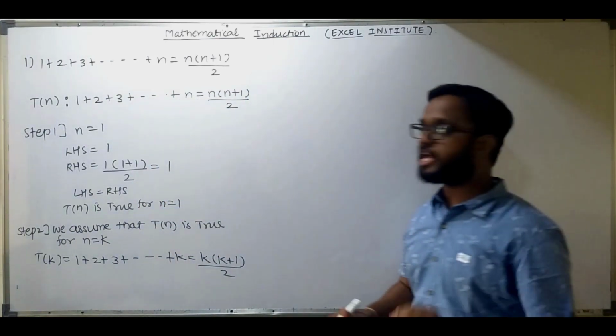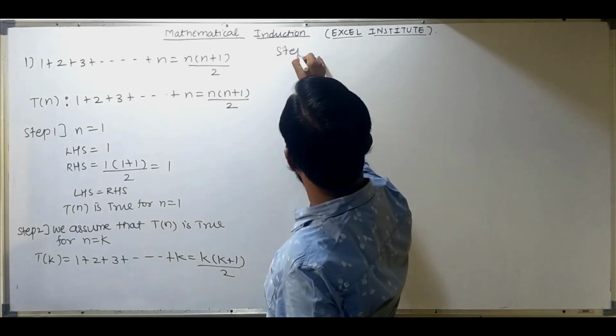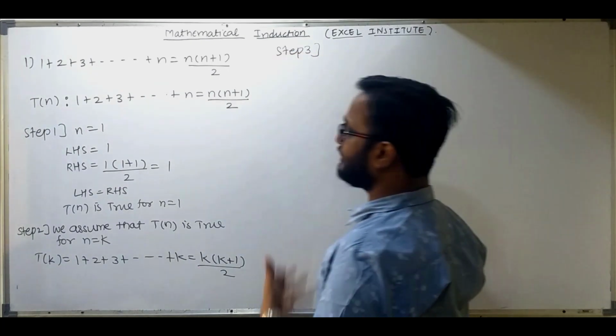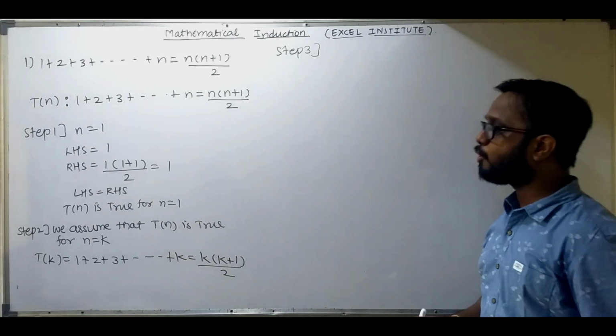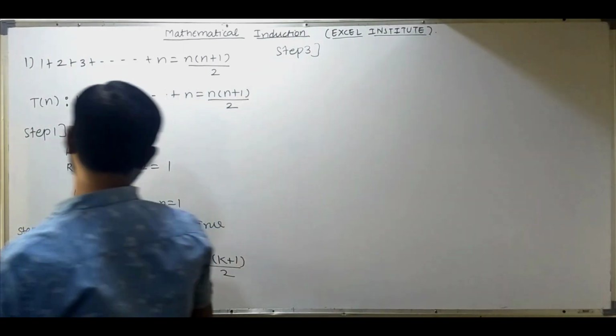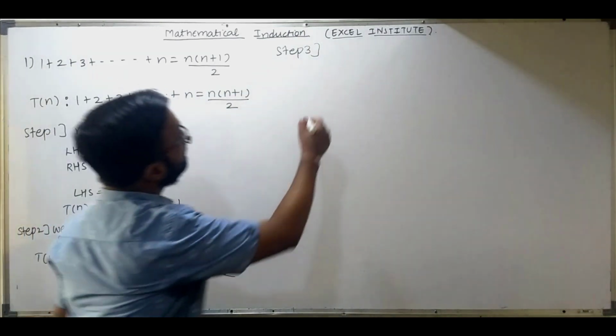And then step 3. So the actual answer is basically step 3 only. Step 3 is what? Now we will prove that P of n is true for n equal to k plus 1.